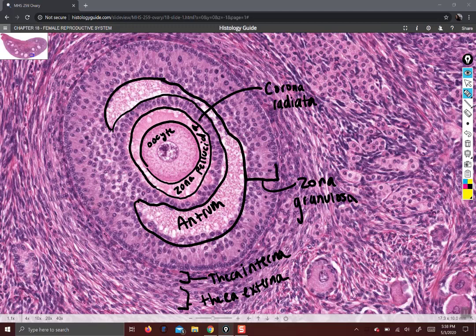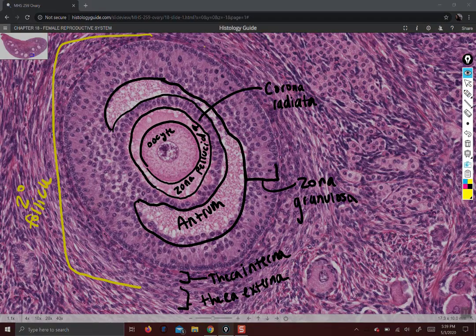So this whole thing, which I'm going to put in a big bracket. Well, hold on, I have to erase that part because it includes the thecal cells as well. So this whole thing is the secondary follicle.